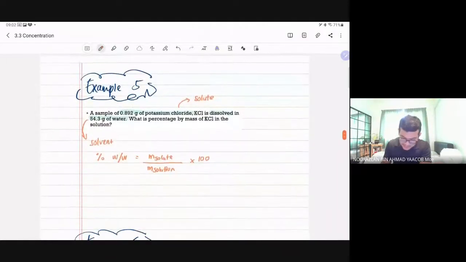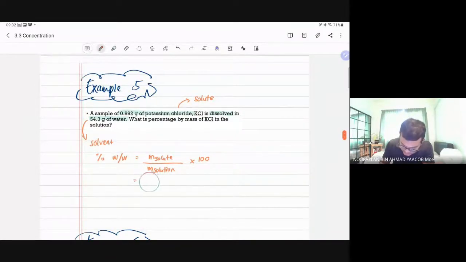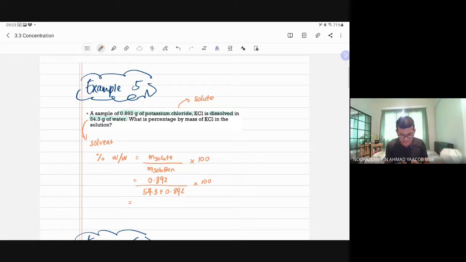Jadi, mass of solute sama dengan 0.892 gram bahagikan dengan 54.3 tambah 0.892. And you multiply by 100. You should get the final answer of 0.892 divided by 54.3 plus 0.892 multiplied by 100.